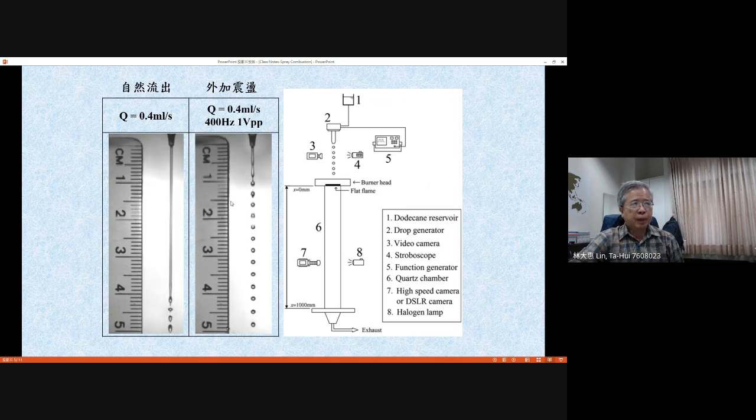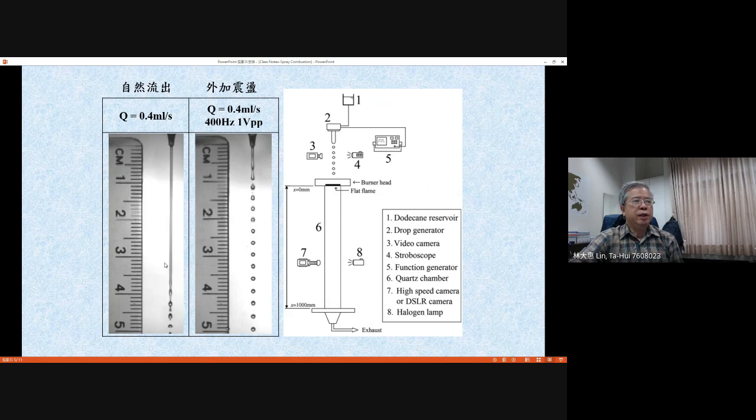Okay, these are two different structures I want to show you. The left-hand side basically just gives you an idea: there is the naturally flowing out liquid jet, and it has a breakup point very far downstream of the liquid jet.